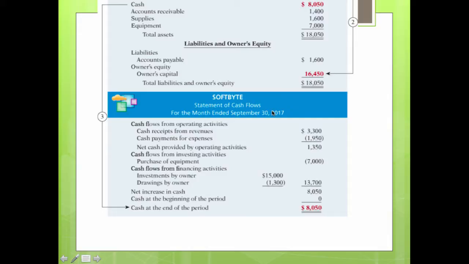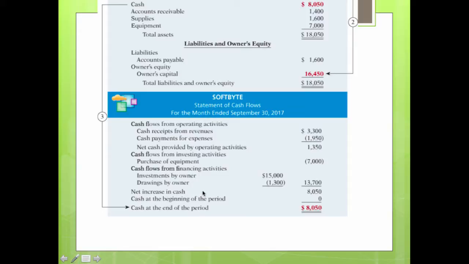You want to report how much cash comes in from sales, how much comes out when you pay expenses or when you purchase equipment, and how much money comes in when the owner invests in the business or how much money comes out of the business when the owner withdraws from the business.